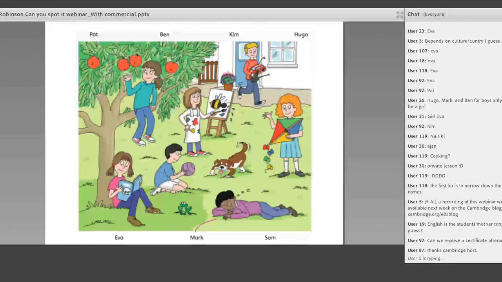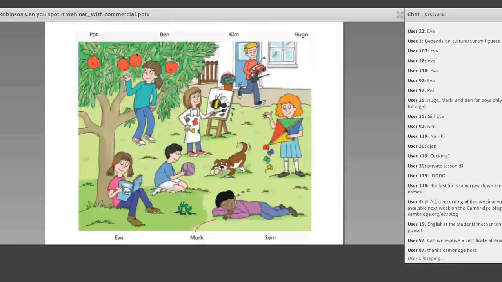Right, let's move on now to a picture from Movers. This picture is for the new writing task, which will appear in the Movers reading and writing test from 2018. It'll be Part 6 in the reading and writing test.